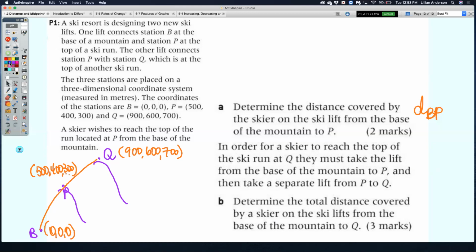Yes, I'll find the distance separately. So I have to find the distance of which? PQ. Because you would already know the distance of BP from the previous question. Correct. And you just add them together. Very good. And that's why this one is worth more marks than the first one.